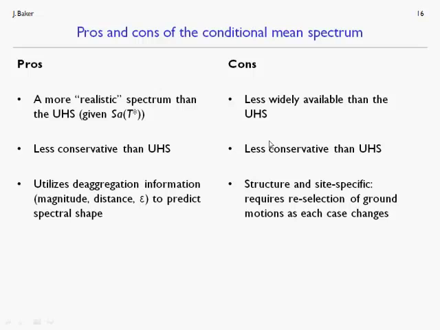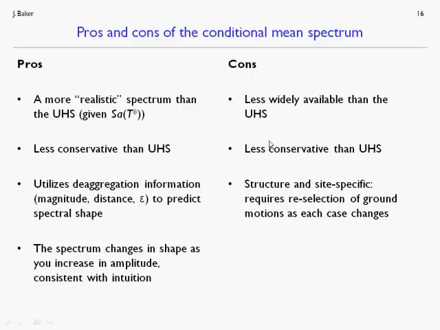I have to know a little bit about my structure, maybe to choose the period at which I'm going to do my deaggregation. And as I move to different locations, I might need different ground motions. And that's different than, say, a code spectral shape that's going to be quite similar as circumstances change and might not require reselection of ground motion. So there's a little more work here, but we have a little more realism in terms of the target spectrum that we're using for a particular site.